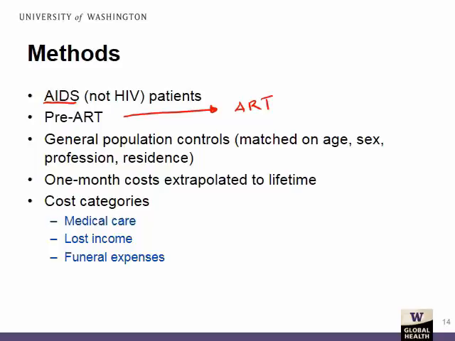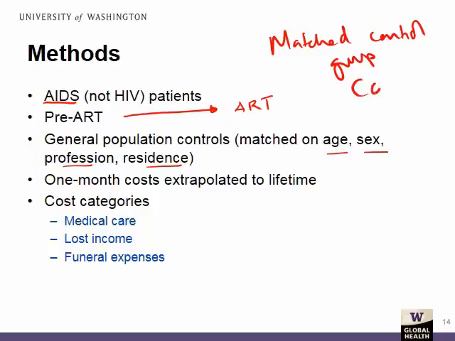They had patients with AIDS and a control group of patients who came from the general population, and they were matched on age, sex, profession, and residence. So it's another example of a matched control group cost of illness study.